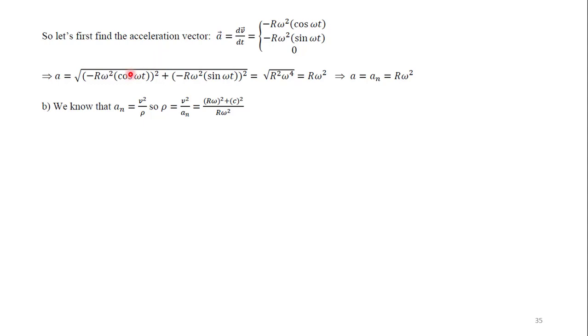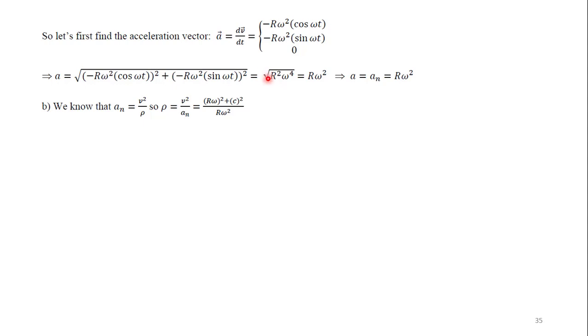This is equal to the square root of R squared omega power 4 cosine squared omega t plus R squared omega power 4 sine squared omega t. Once again we have R squared omega power 4 as a common factor to cosine squared plus sine squared, which gives you 1.